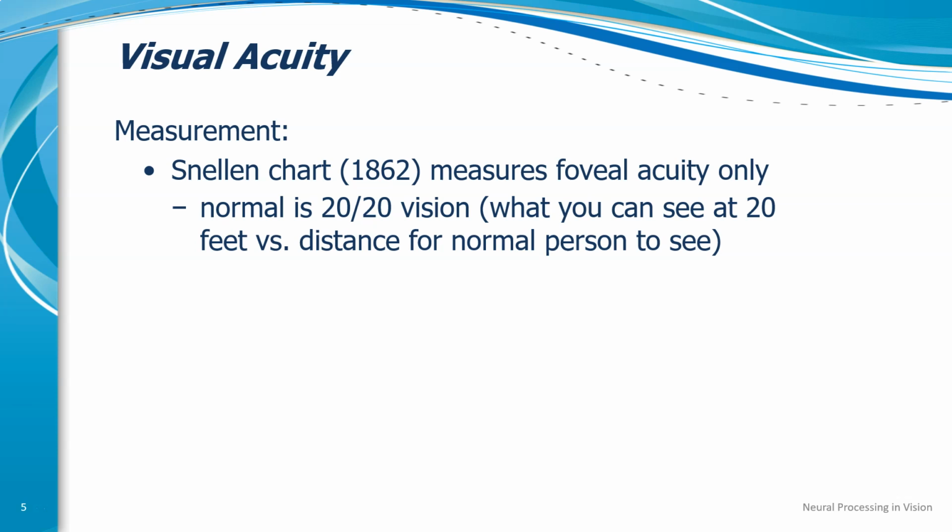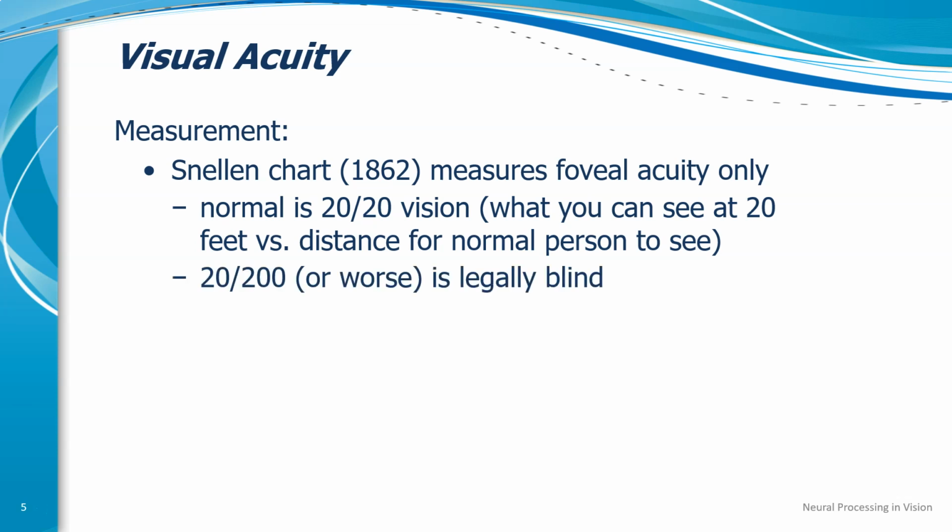So the first number, 20, means what you can see at 20 feet versus how far away does a so-called normal person have to be to see that same line. Okay, so the first number is basically always going to be 20. Now you might be thinking, but I don't sit 20 feet away from the chart in my optometrist's office. Well, then they've scaled the size of the chart to compensate.